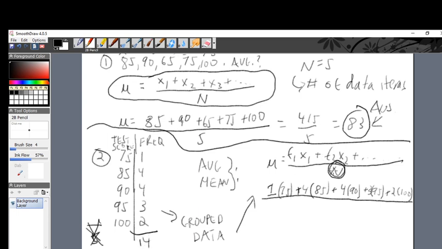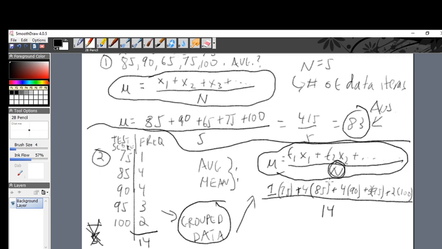That's our n. Our n in this case is all the frequencies combined, which is 14. That is the grouped data formula, and the n is all the frequencies added up.